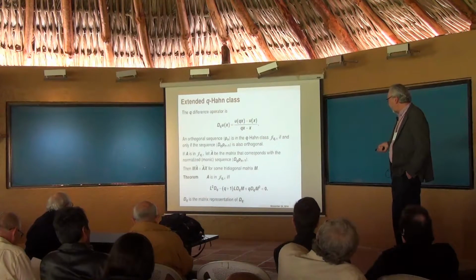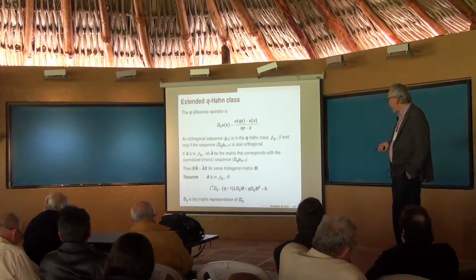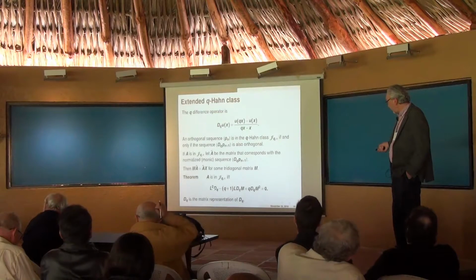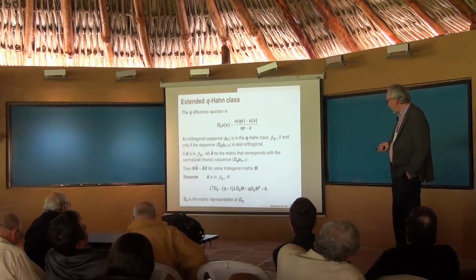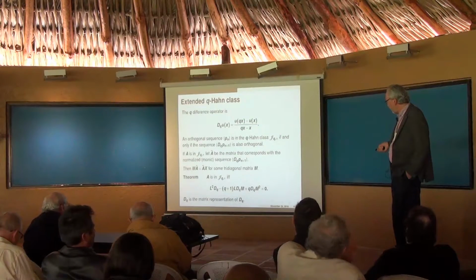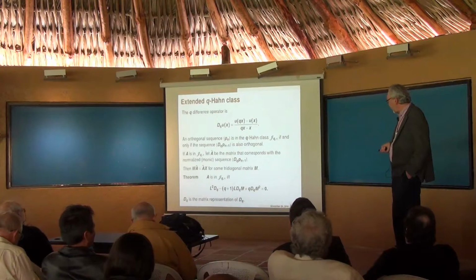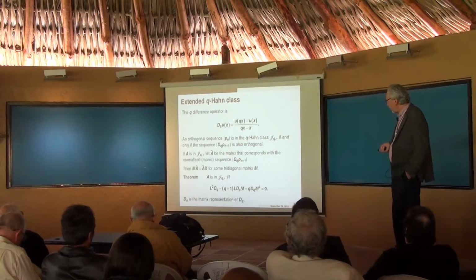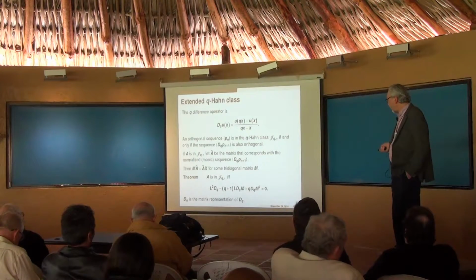It is done in terms of the Jacobi matrices of the sequence. L is the Jacobi matrix of the sequence of polynomials, and M is the Jacobi matrix of the sequence of the differences of the polynomials.